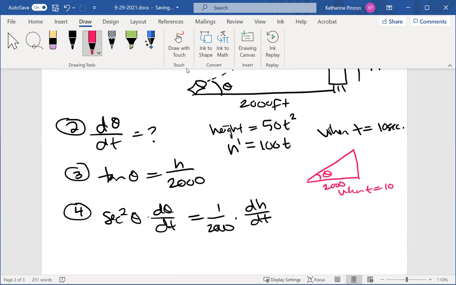Plug in 10 for t, right? So 10 squared times 50 makes 5,000. Can you tell me the hypotenuse when t is 10? Pythagorean theorem, yeah. So 2,000 squared plus 5,000 squared, take the square root.